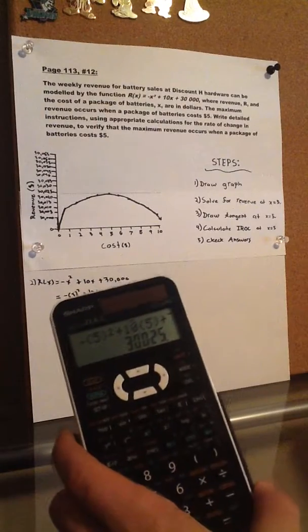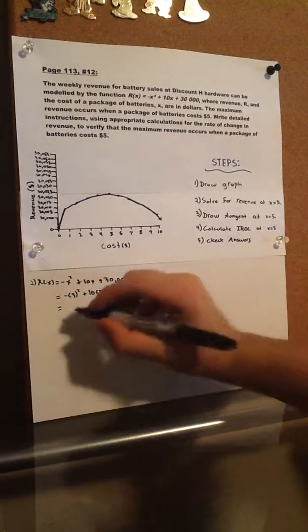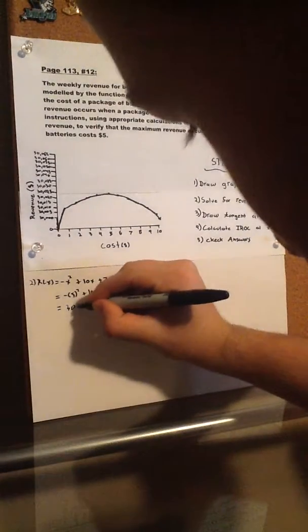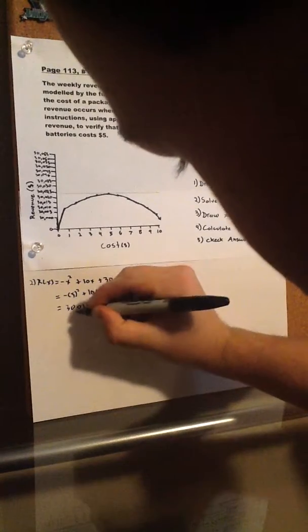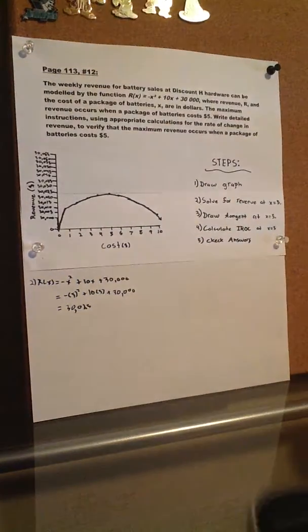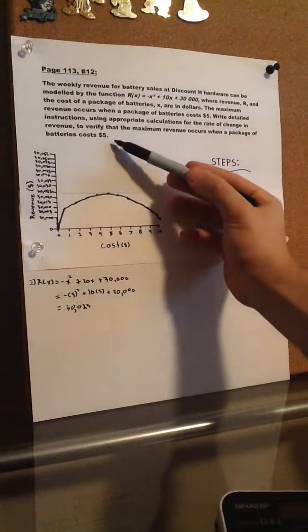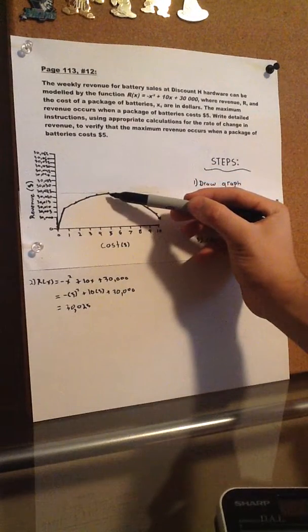So this equates to $30,025. So what this is telling us is that when the cost of batteries is $5, the revenue is $30,025.